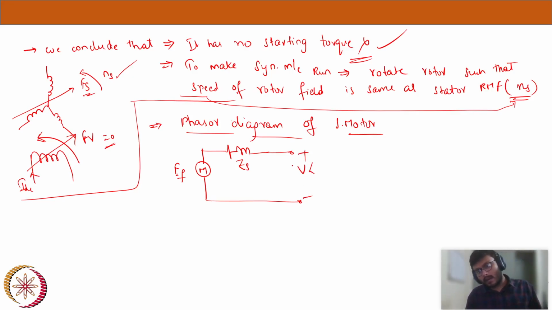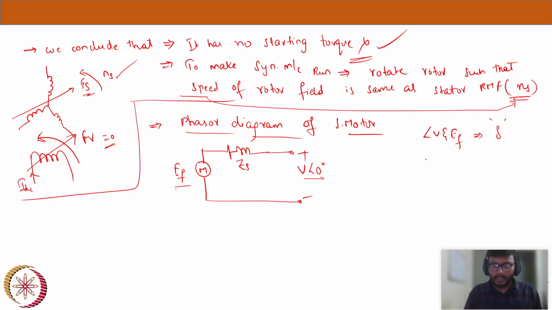Let's say we take our voltage as reference at 0 degrees. Now EF will be at some angle, lagging or leading. We will see later how the angle will be. But if you take a reference, it will be at some angle. The angle between V and EF, we call delta, the load angle.